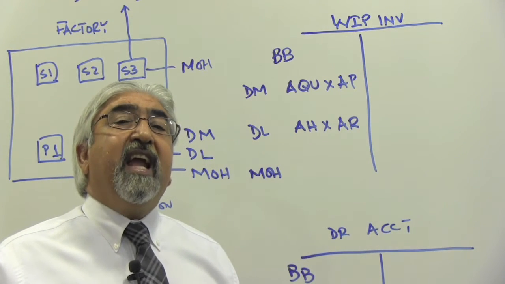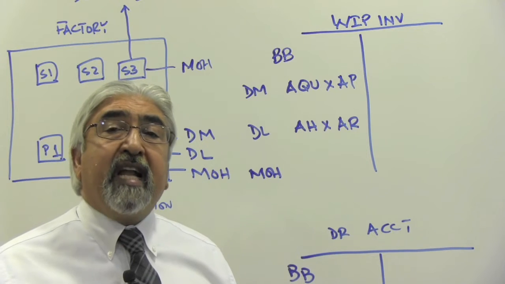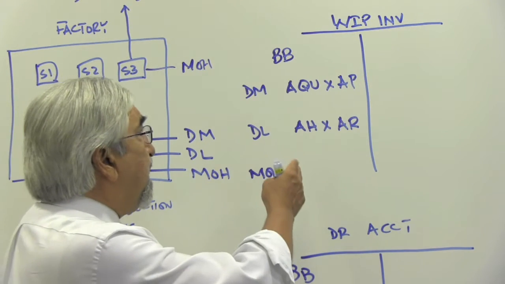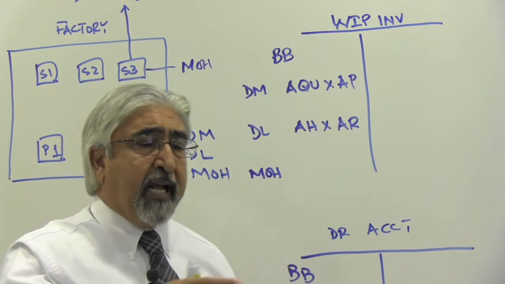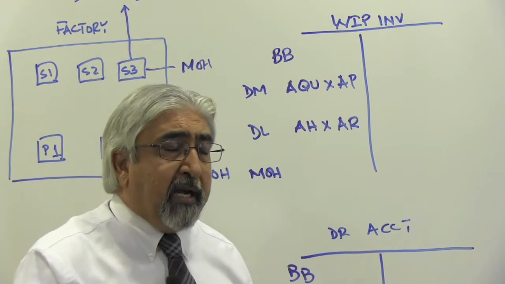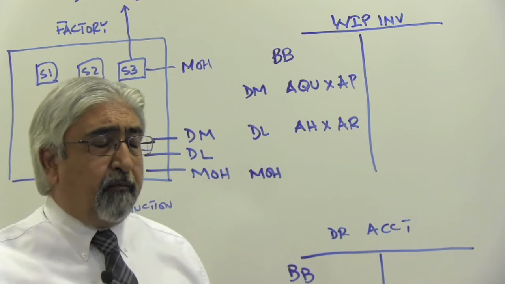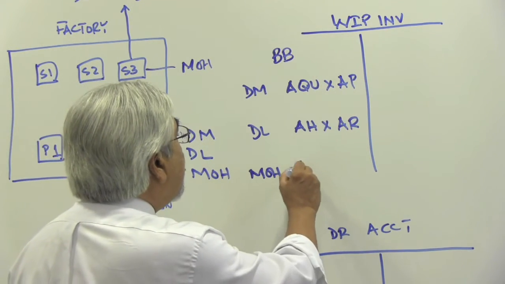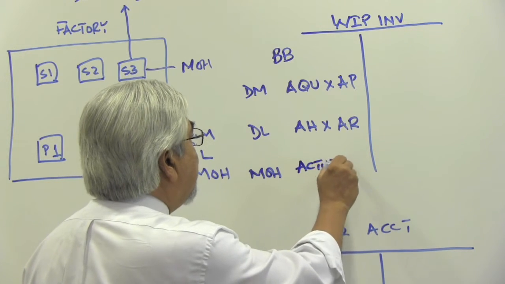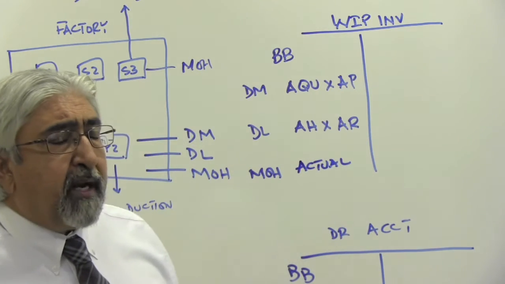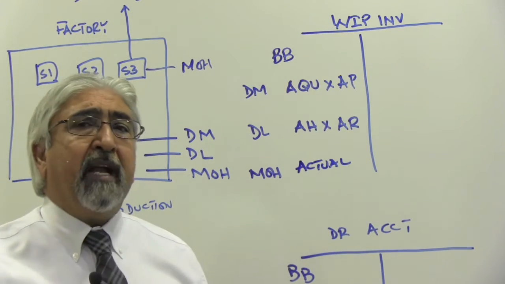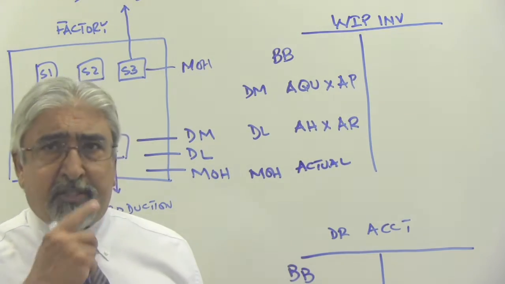If the indirect labor costs are $10,000 in the factory, we will debit work in process inventory for 10,000 and credit wages payable or something for 10,000. But anyway, in an actual costing system, the work in process inventory is debited for the actual manufacturing overhead costs.